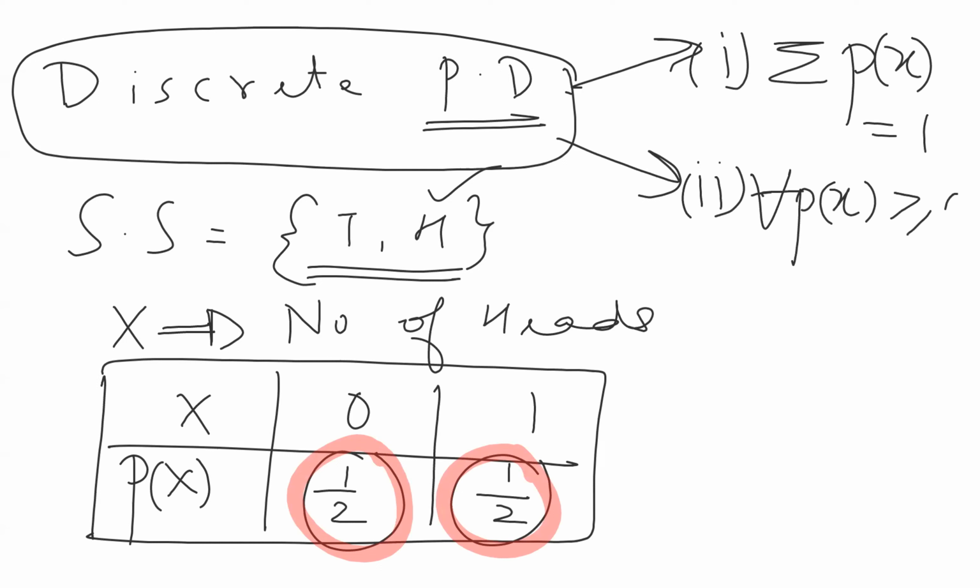There shouldn't be any negative probability. An event can be negative, but probability cannot be negative. So these two criteria are very important: the summation of all probabilities is equal to 1, and individual probabilities should be greater than or equal to 0.